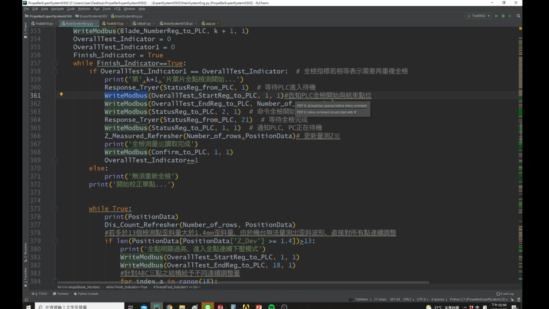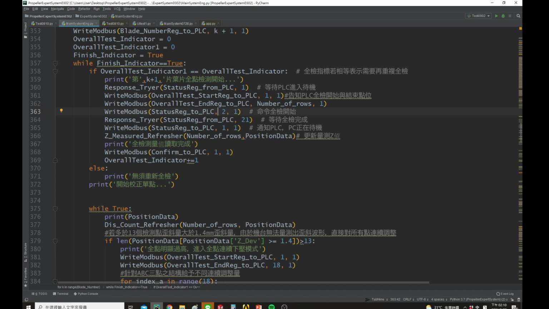For this part, it tells the PLC to do the overall test and where the starting and end points are.